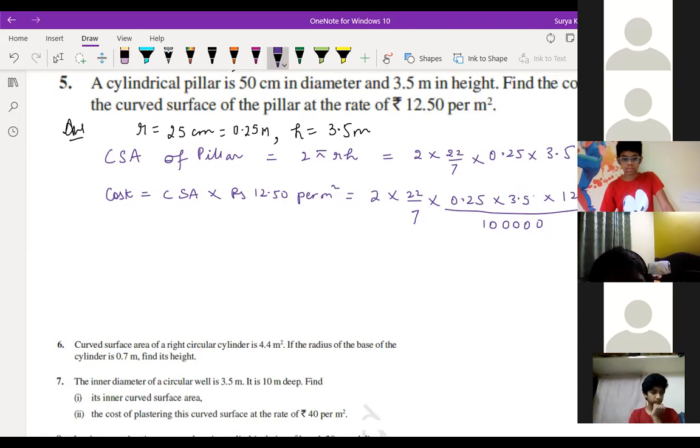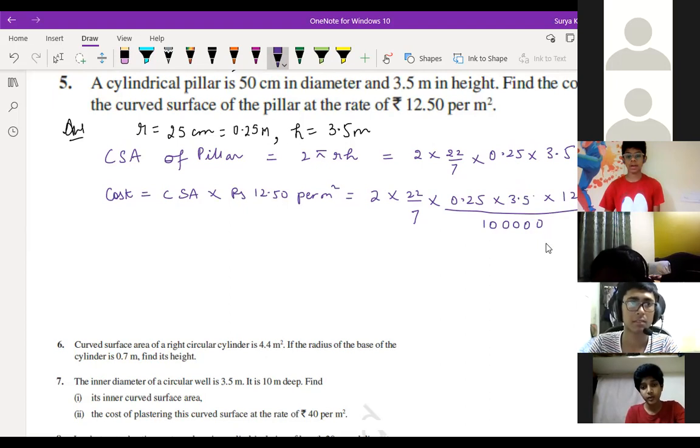Tell me what you are saying, Sai Charan. Sir, instead of that CSA, in the place of CSA, we can write 11 by 2. Sir, from 11 by 2 per meter square we are getting 12.5, right, sir? Like that. No, 11 by 2, how are we getting that?